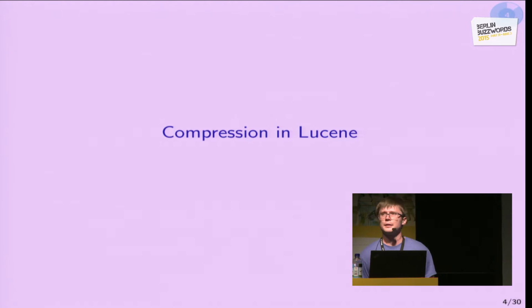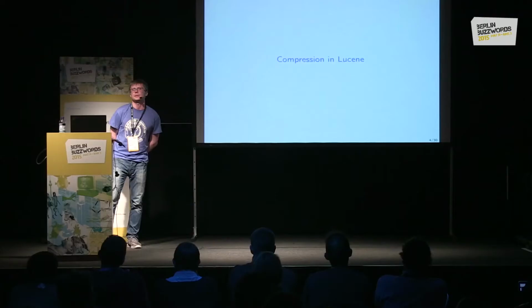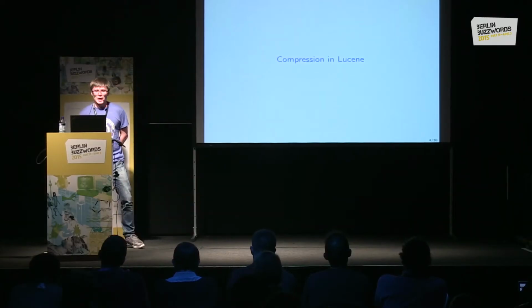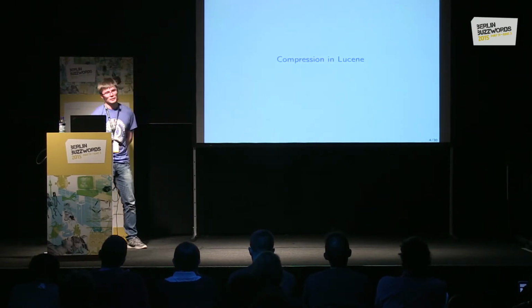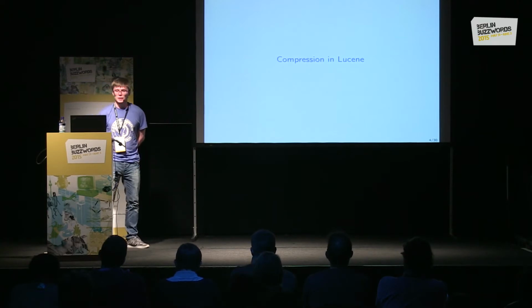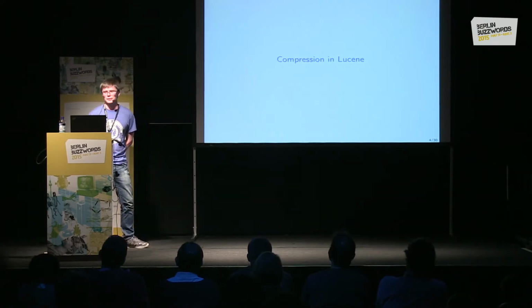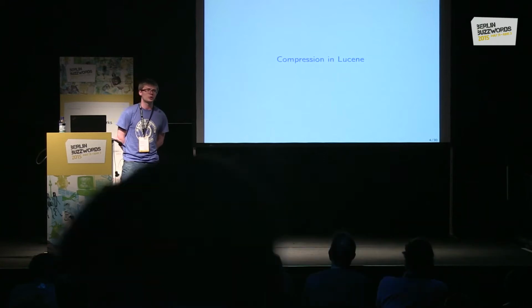As you know, Lucene is a document-based information retrieval system. It can search among millions of documents at a time, and as a result, it has to store this index on the disk because it doesn't fit into memory, and use this index on demand.